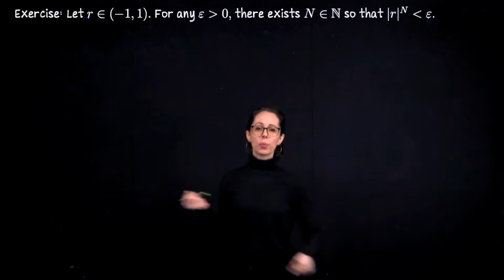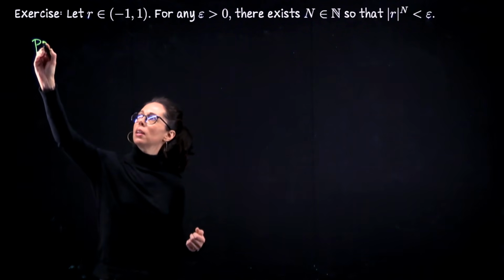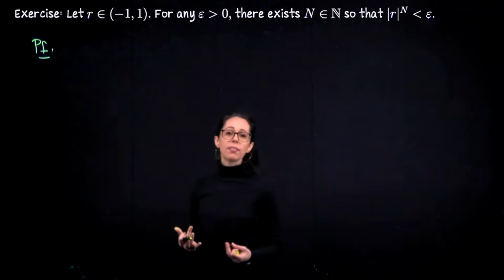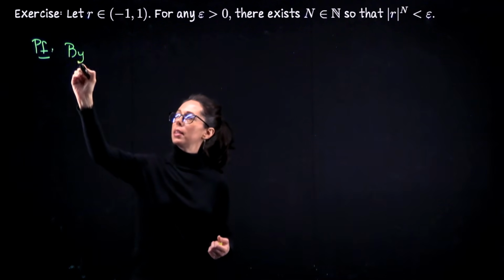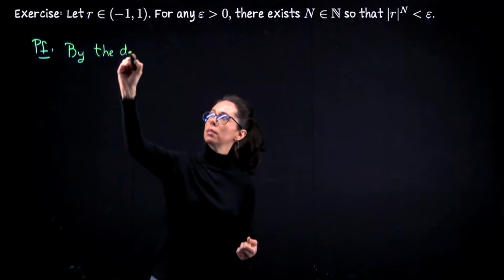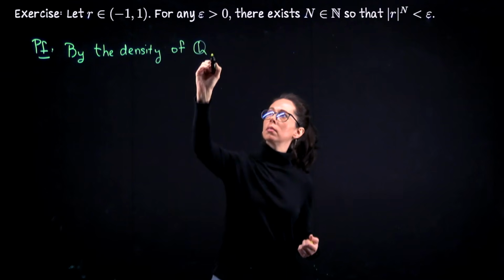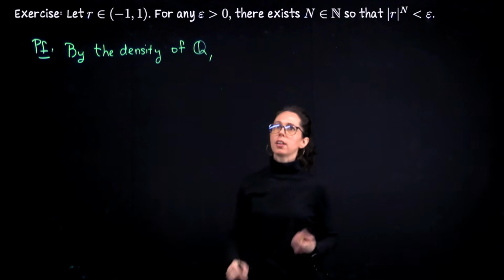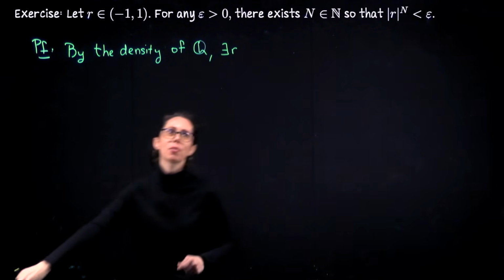The first thing I'm going to do in this proof is introduce that rational number I just highlighted a moment ago. Its existence is given to us by the density of rational numbers. So by the density of rational numbers, there exist an R and Q. I'm already using the letter R, never mind.